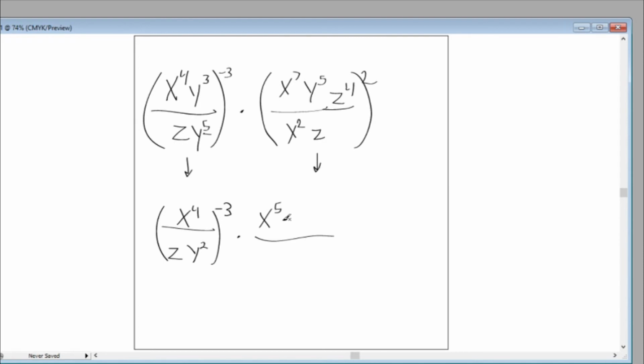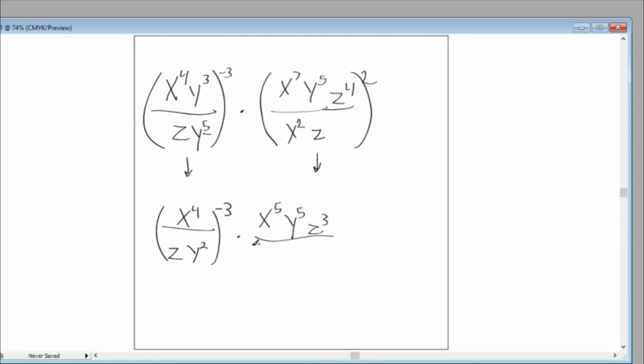Again, nothing happened to Y. We're just going to have Y to the 5th still here. Then, we have Z to the 4th divided by Z. Well, 4 minus 1 is 3, so that's Z to the 3rd on top.